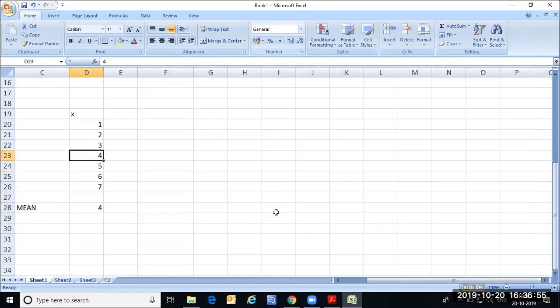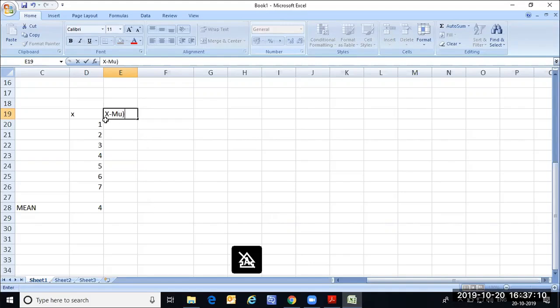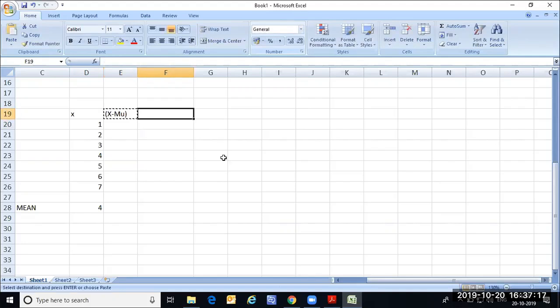Now, what is the formula we are using to calculate the variance? X minus mu. Let's calculate x minus mu first, then we will square it. Now, what do you think x minus mu for the first data point is?